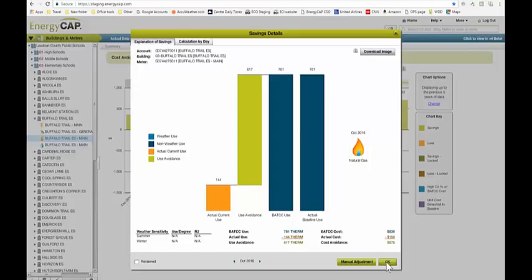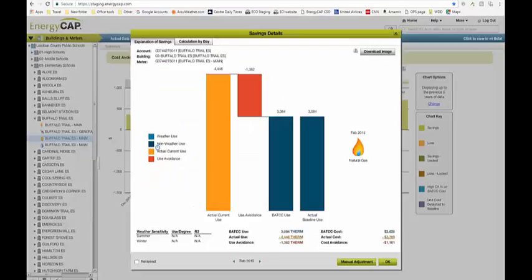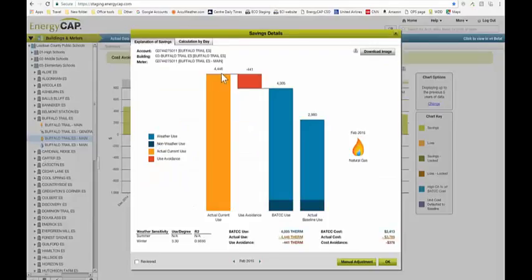Now let's take a look at another one that might be more interesting. February 2015. I mentioned earlier that February of 2015 was a really cold, historically cold month. Right there we have our actual current. So we used a lot of gas in February of 2015, this really, really cold month.